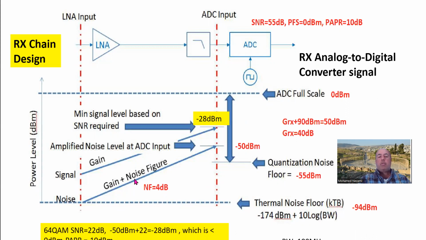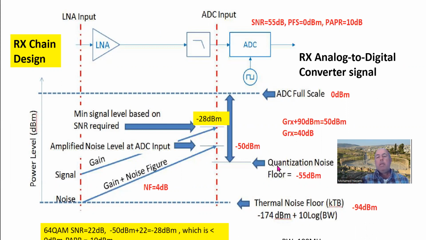So now, the way you size this receiver in here is you want this minus 90 dBm to be brought up so that it's above the quantization level by some factor. Usually some people say 10 dB, 20 dB. There's a number where you want to bring it up so that you don't degrade the signal to noise ratio by more than 0.1 dB. And I think the number is like 10 dB.